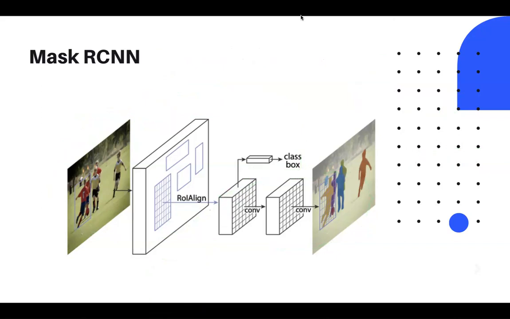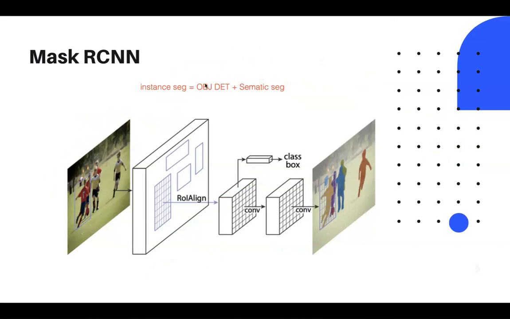So in reality, instance segmentation is equal to object detection plus semantic segmentation. So this gives you basically the understanding of how you can perform instance segmentation. It's very simple.